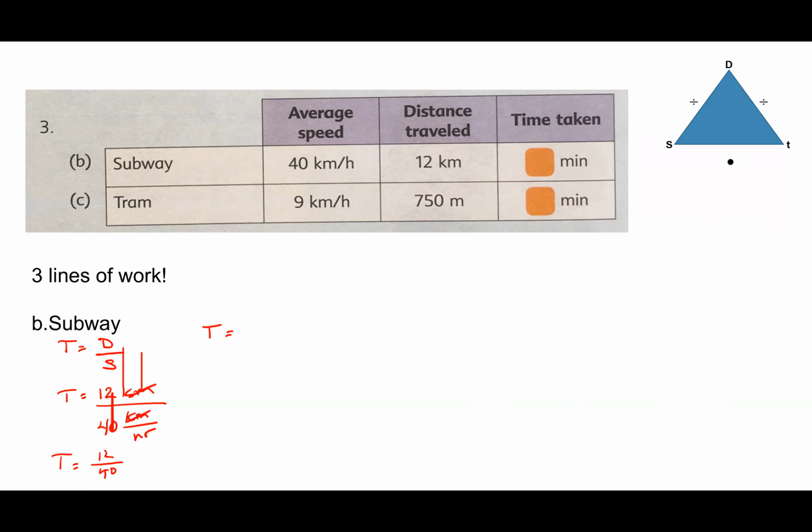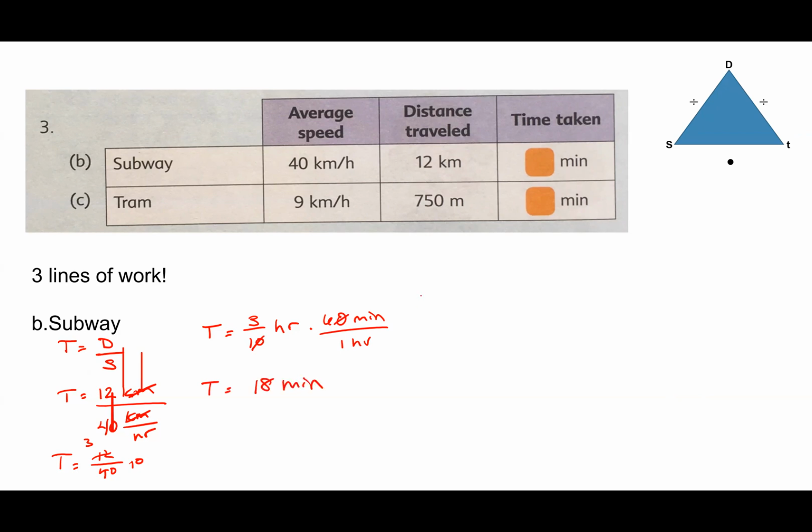Okay, so we can cross cancel both the 12 and the 40, divide by 4, 3/10. My time equals 3/10 of an hour. And so then we would multiply that times 60 minutes. And then you got 18, which is awesome.